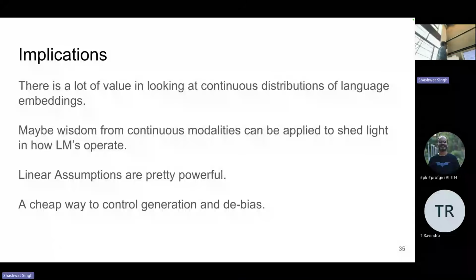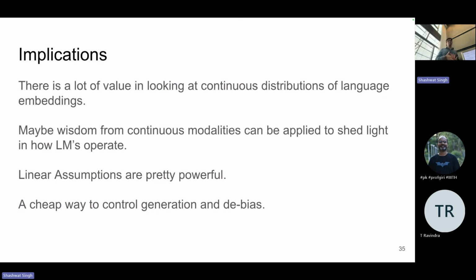The second point is why I mentioned our relationship to optimal transport, because maybe a lot of wisdom from the image domain and other continuous modalities can be applied in LM interpretability research, because that's the domain in which language models operate.